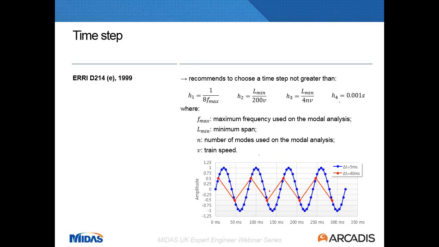And then I have the same problem, but I have chosen to use a timestep of 40 milliseconds instead, and that's the red line. If I do that, you will see that the amplitude of the oscillation I'm extracting from this result is reduced significantly. Actually, that's around half of the amplitude of the first analysis. So I'm underestimating the peak values by half, and that's why it's very important to choose the appropriate timestep.